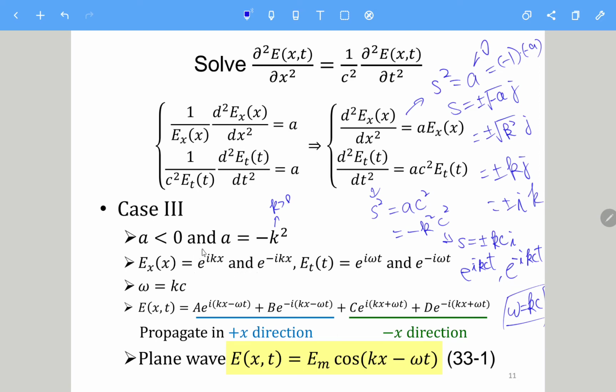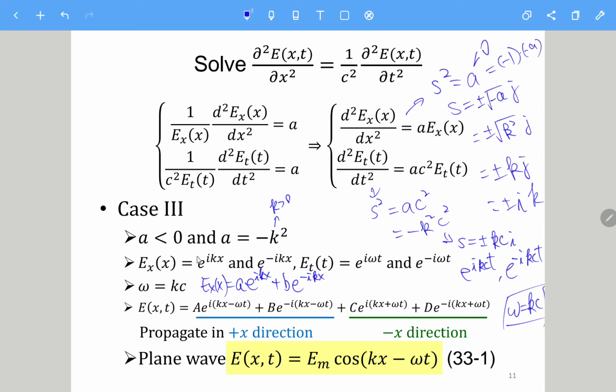So X of x should be something like a exponential to jkx plus b exponential to negative jkx.